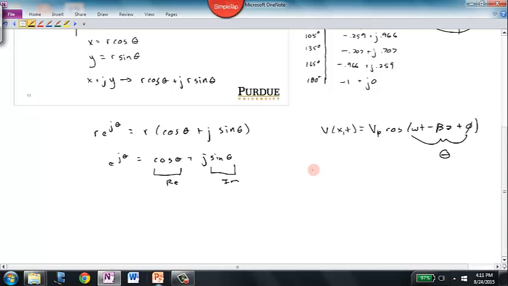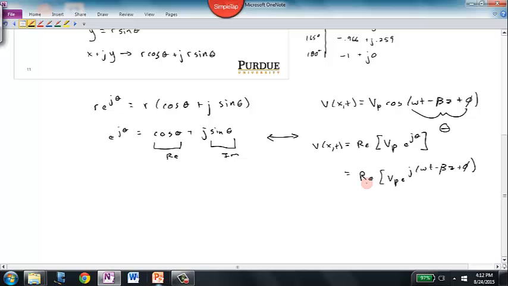We can then write V of z comma t as the real portion of Vp e to the j theta, and that comes directly from this. If I do the substitution, it's the real portion of Vp e to the j of omega t minus beta z plus phi. All I've done is substitute theta into the exponent.